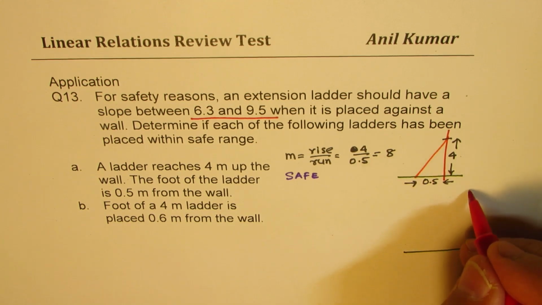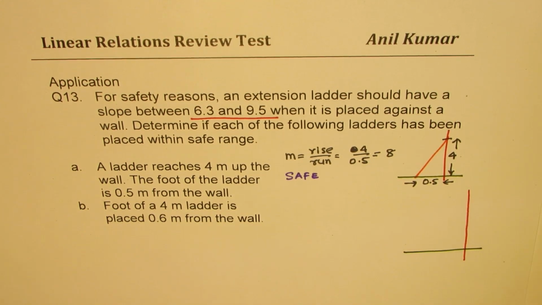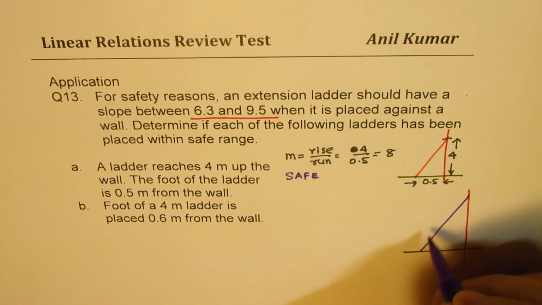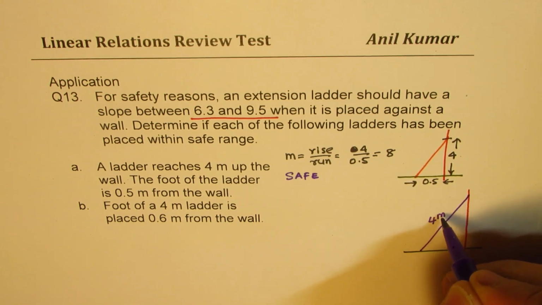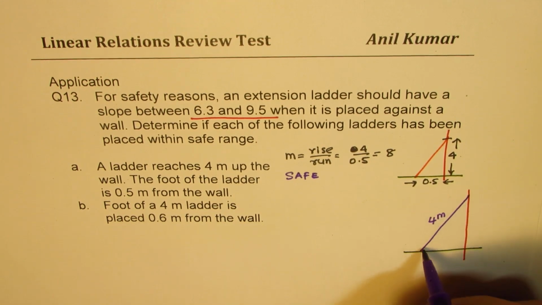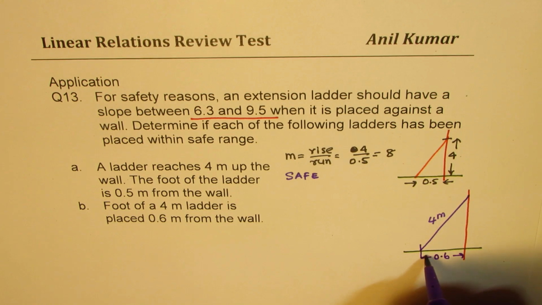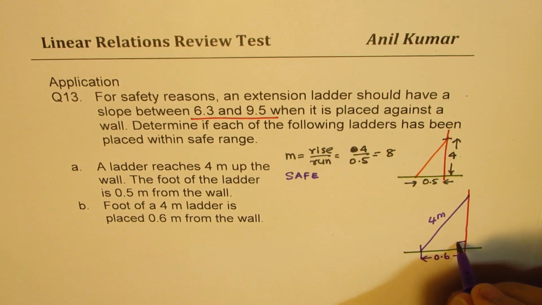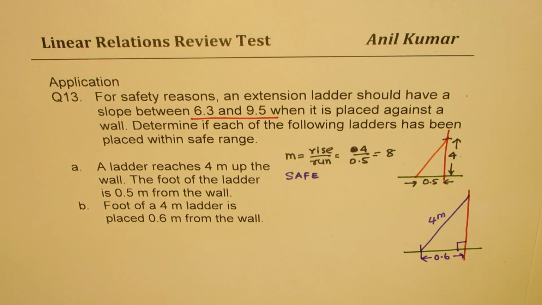The question says the foot of a 4 meter ladder, so the length of the ladder is given to us as 4 meters this time, and it is placed 0.6 meters away from the wall. So that is the situation. Of course we'll assume this to be a right triangle. Then we have to solve it. So directly do not use the values 4 and 0.6, otherwise you'll get a wrong answer.